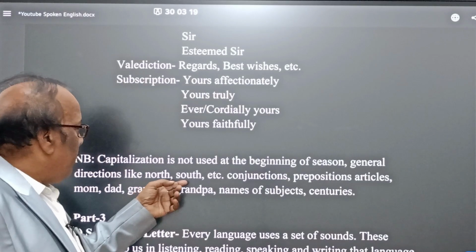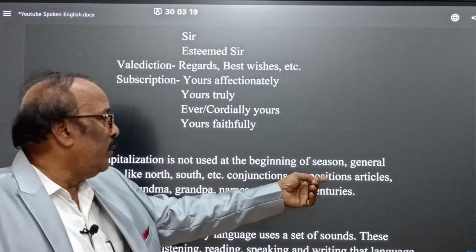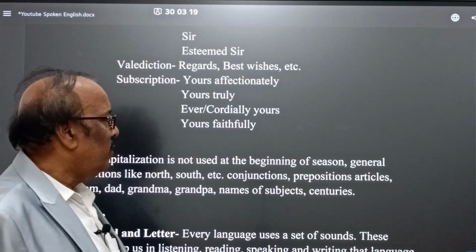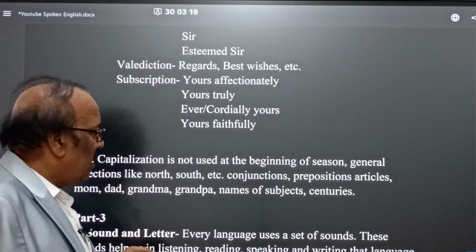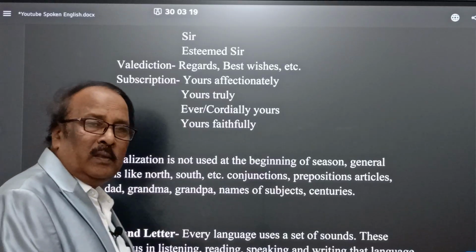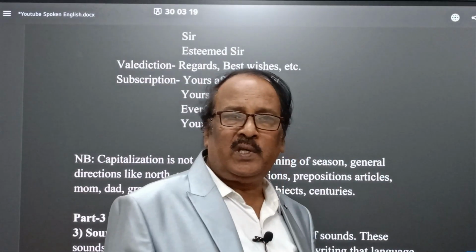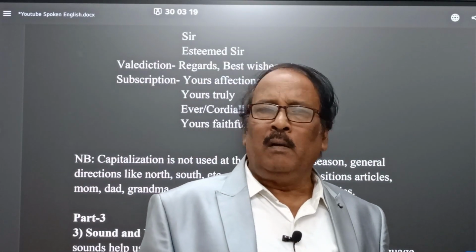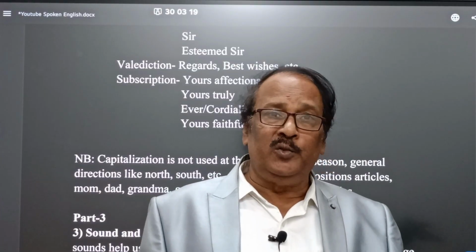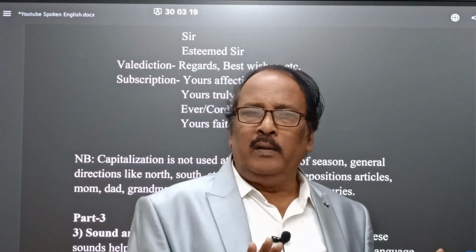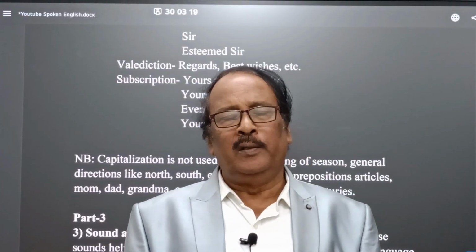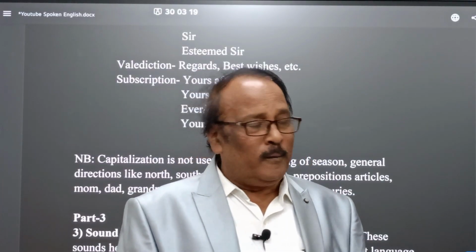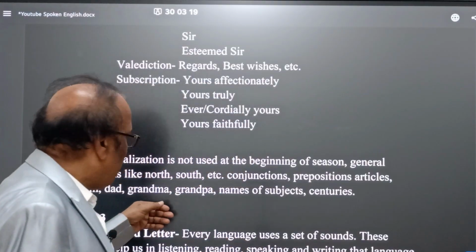And again, conjunctions, prepositions, as I've already told you, articles, mom, dad, grandma, grandpa, the names of subjects, just for example, physics, chemistry, mathematics. If they are not used at the beginning, then the first letter of these words must not be capital.